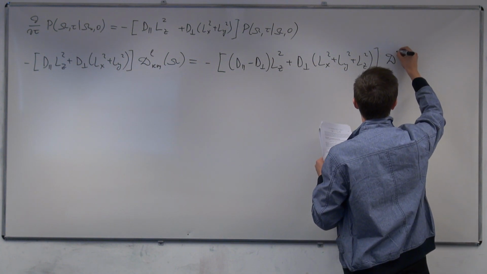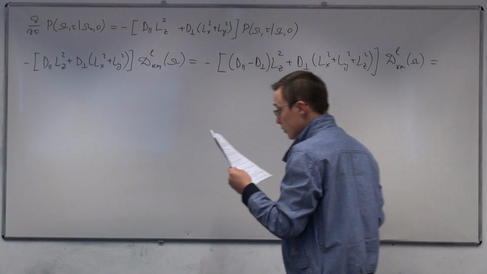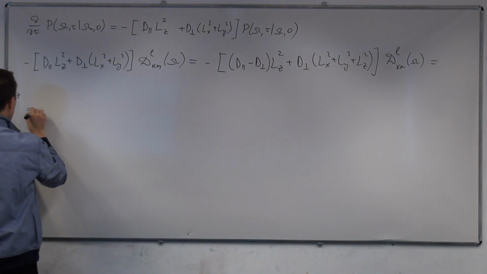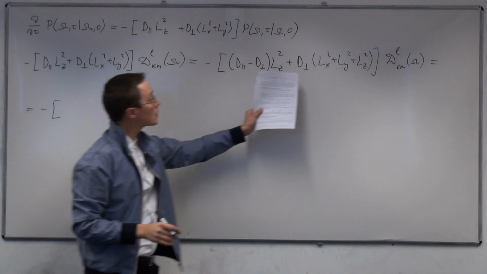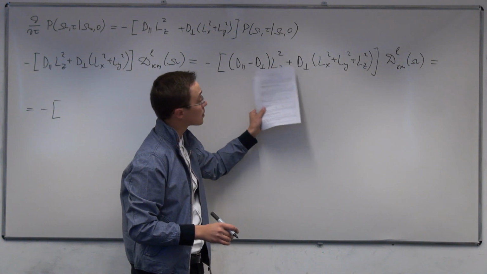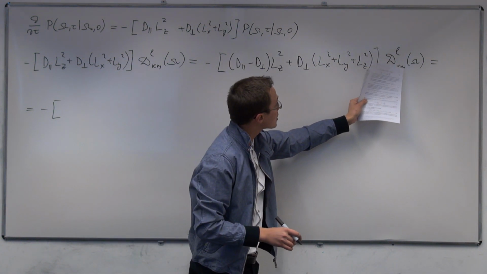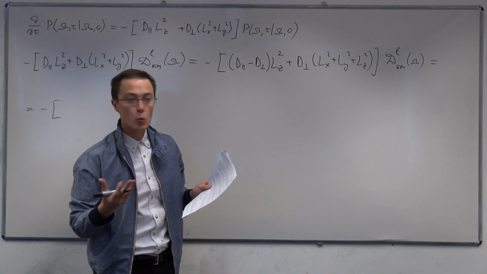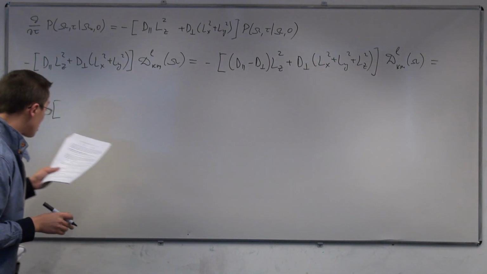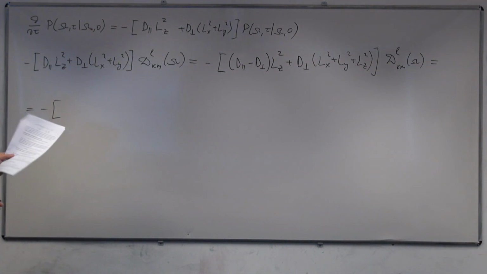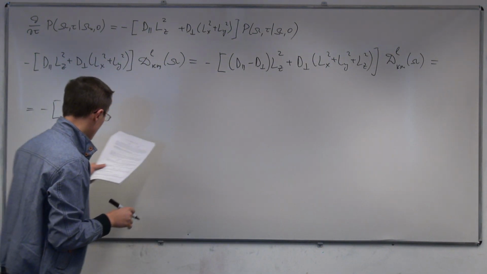So acting on D^L_km of omega, that returns us the following eigenvalue. It will be minus L(L+1) times D perpendicular, and this would be k squared or m squared, depending on which way around our alpha and gamma rotations go in the selection of Euler angles. I've chosen k to be the index that's affected by Lz, but that's largely a matter of convention.